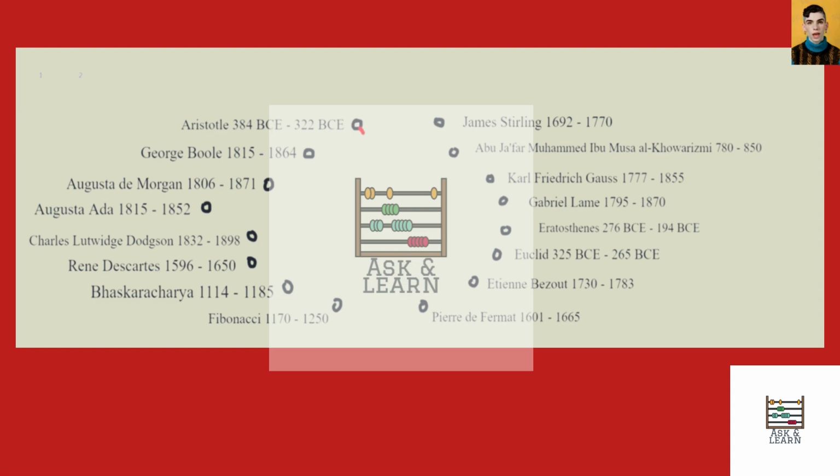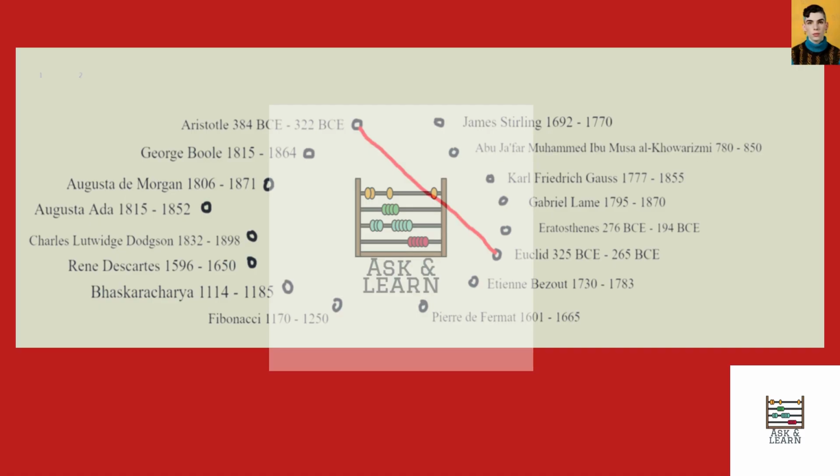If you take a look at Euclid, you will see that Aristotle and Euclid were alive at the same time, because Aristotle lived between 384 BCE and 322 BCE, and Euclid was born in 325 BCE. So you have an overlap of about 3 years.